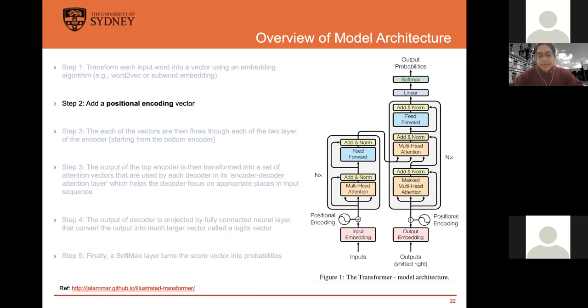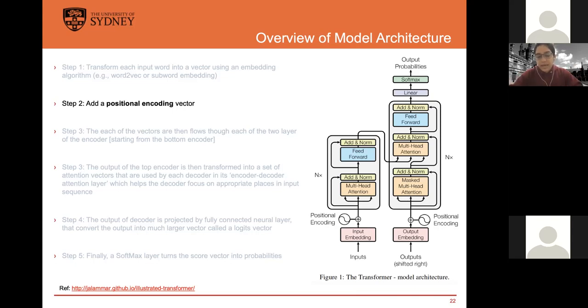The next step, as you see, is the positional encoding of the vector. Since we have discussed earlier that no RNN or convolution is involved in this mechanism, there's no information about the order of the sequence.